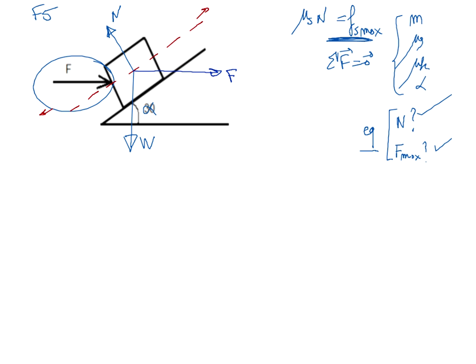If the component of the weight along the inclined plane is bigger than the component of F along the inclined plane, then the tendency is to go down, Fs max is up, and vice versa.